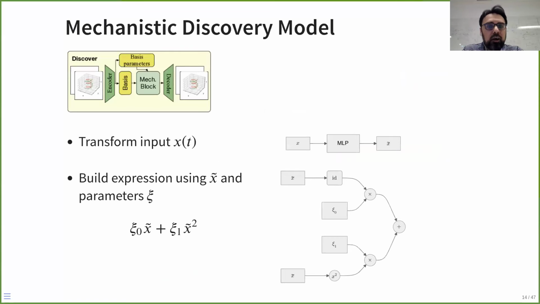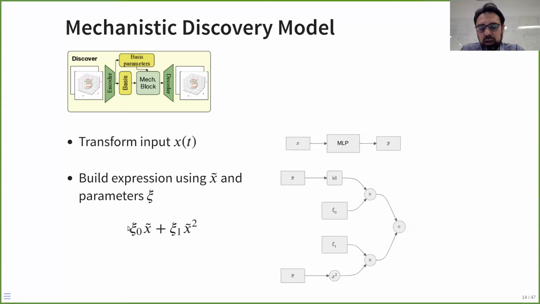Okay, so what about our discovery model? The way this works is, once again, you're given some trajectory data. You get some parameters that will represent your dynamics, and you build an expression.